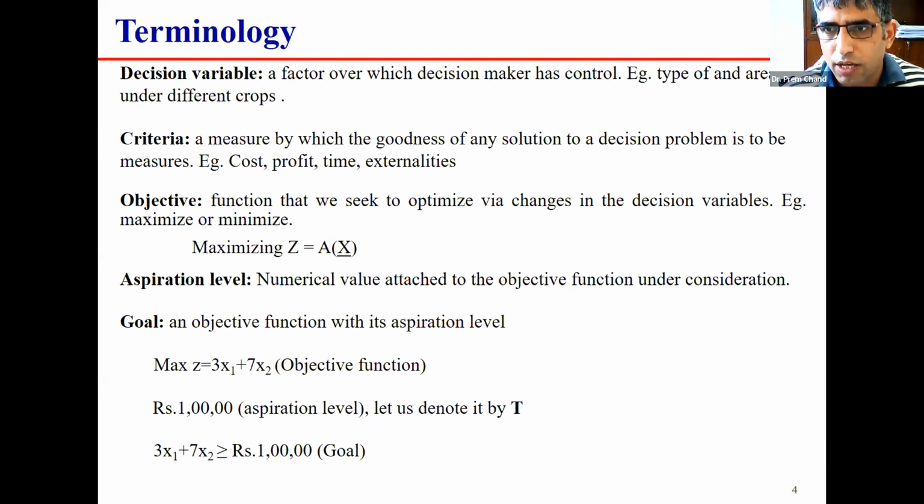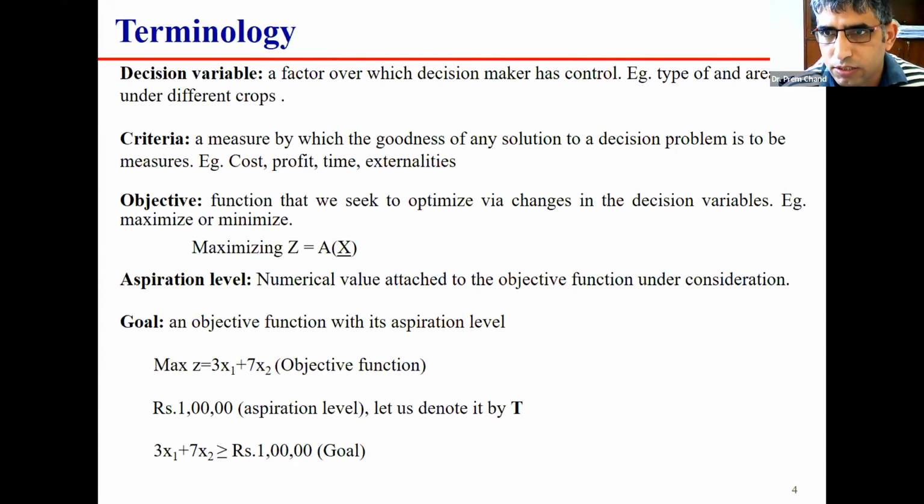Suppose I want to maximize net return, and I say I want to achieve net return of rupees 1 lakh, so it's my aspiration level. I want to bring it to 1 lakh rupees. Or I want to reduce my water level to a certain level. These are the aspiration levels.